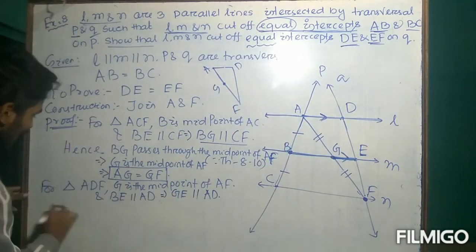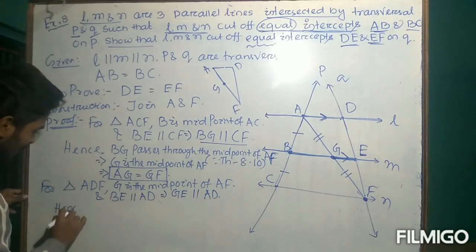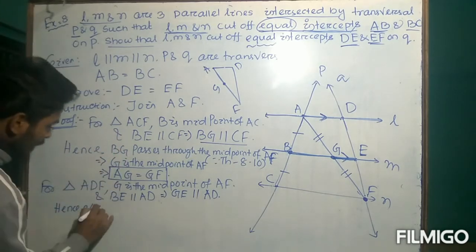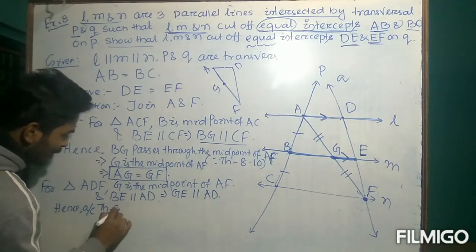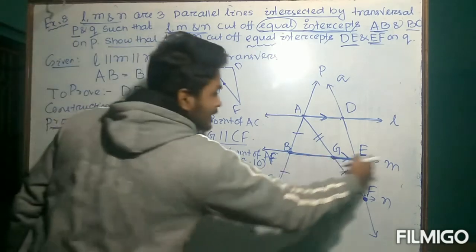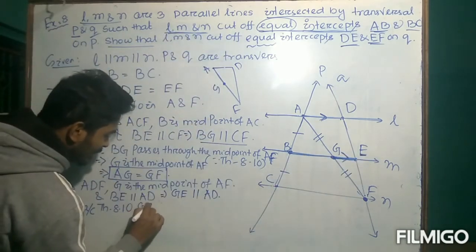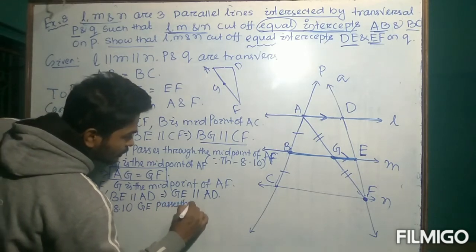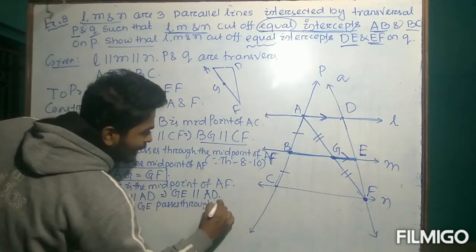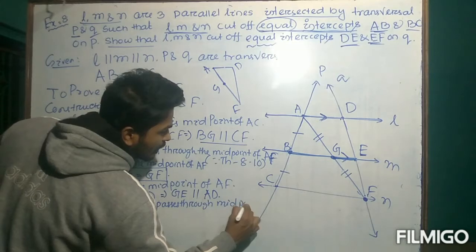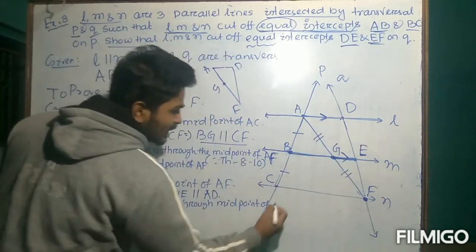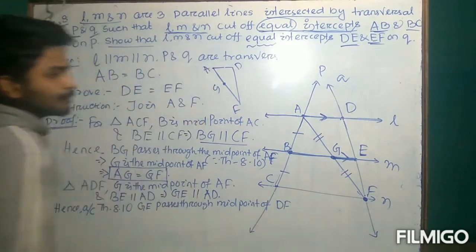Okay, so you can write, hence, according to theorem 8.10, GE passes through the midpoint of DF. This is the third side of the triangle.